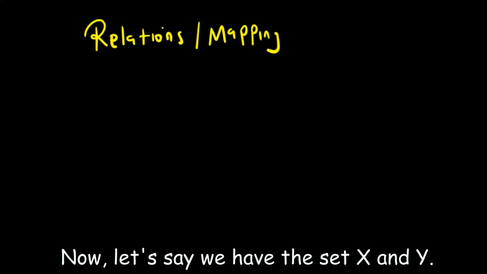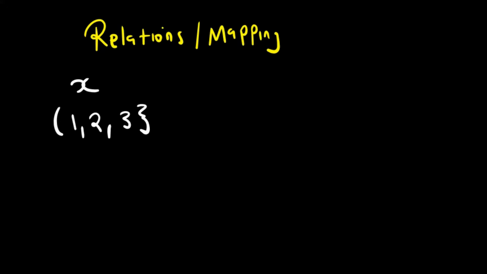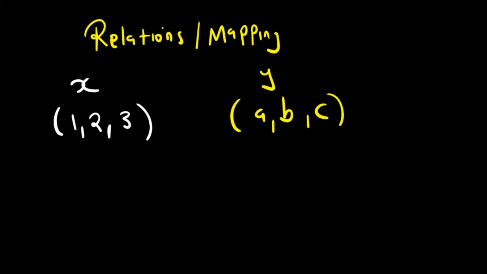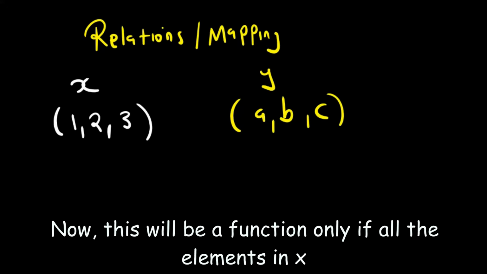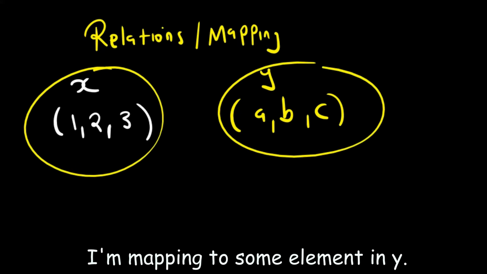Now, let's say we have a set x and y, and let's say in x we've got elements 1, 2, and 3. Then let's say in y we've got a, b, and c. Now this will be a function only if all the elements in x are mapping to some element in y.